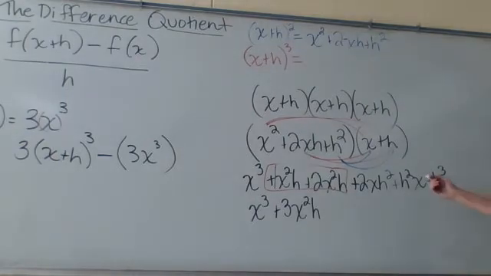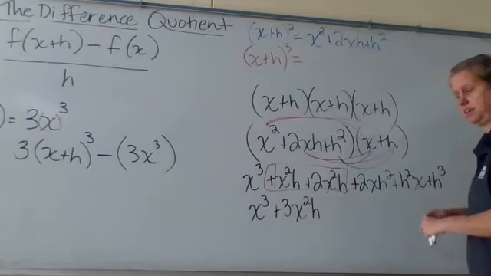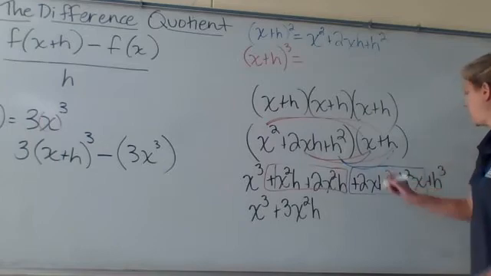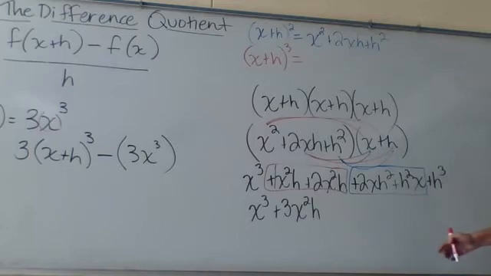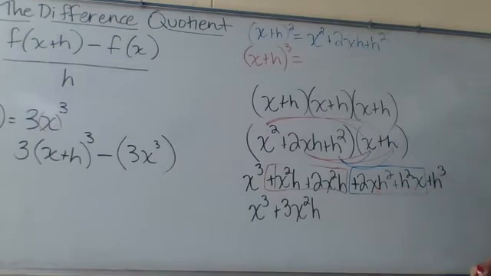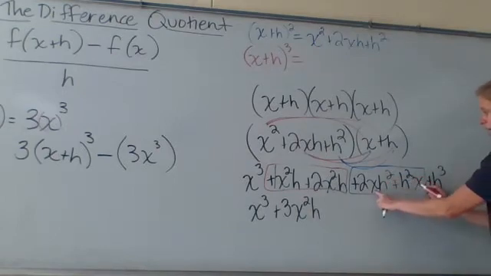Now, I can put these two terms together because they are also like terms. Now, I did this on purpose just to remind us what a like term is. The x and h's don't have to be in the same order. They just have to have the same exponent. So here I have a plain x with an h squared. Here my h is squared, just like this term, in a plain x.